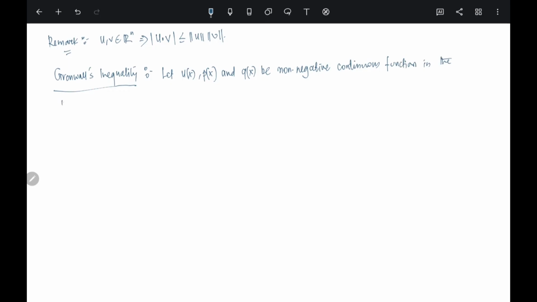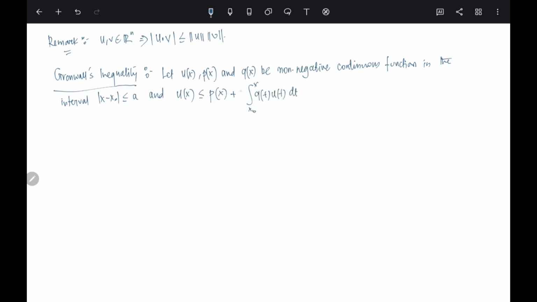in the interval |x − x₀| ≤ a, and you also have this relation: u(x) is dominated by p(x) plus the integral from x₀ to x of q(t)u(t) dt.